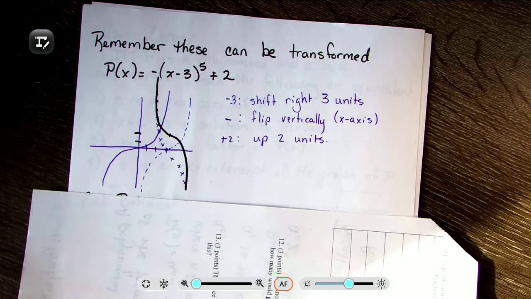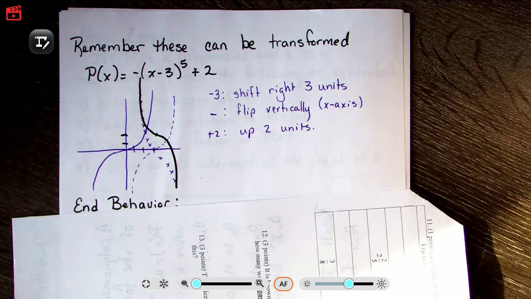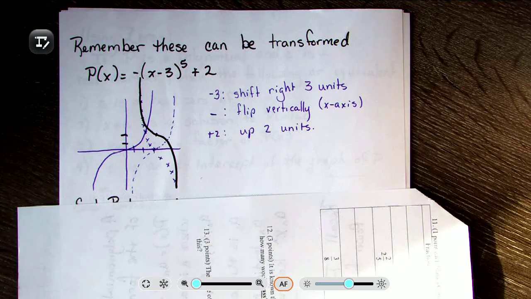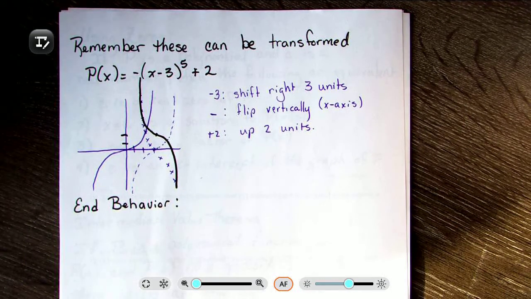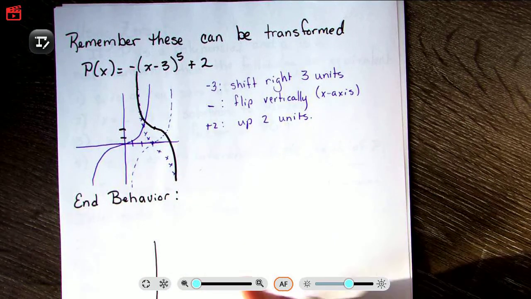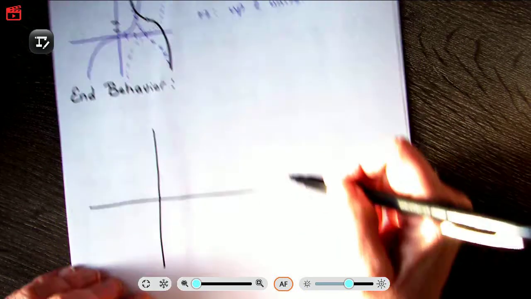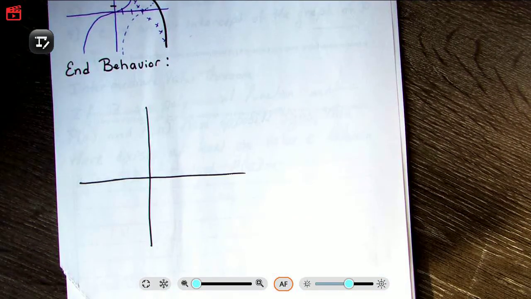We do want to talk a little bit, because our ultimate goal is going to be graphing these things without a graphing utility. We're going to look at some end behavior. What we mean by end behavior is what's happening over here when x is going towards infinity, or x is going to negative infinity.